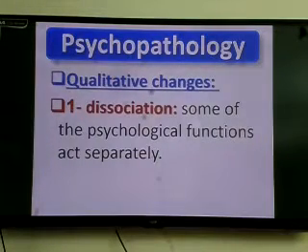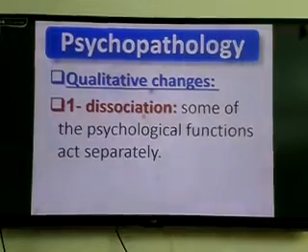Dissociation. Some psychological functions act separately, like movement. Usually children at the age of 8 or 10 years, during sleep, will move and go around in aimless movement and come back to the bed again.